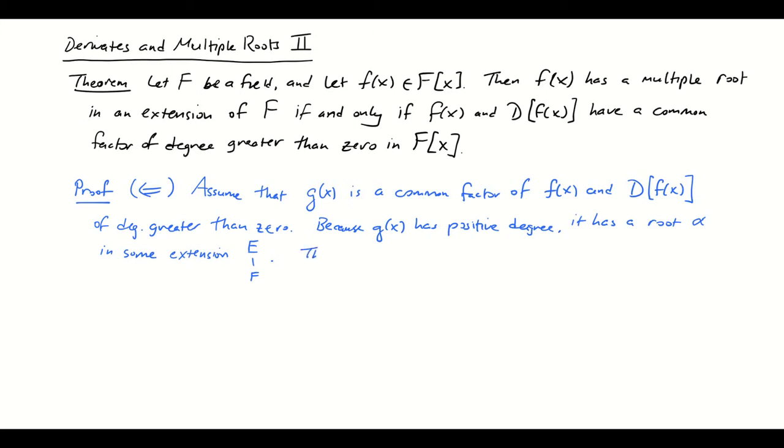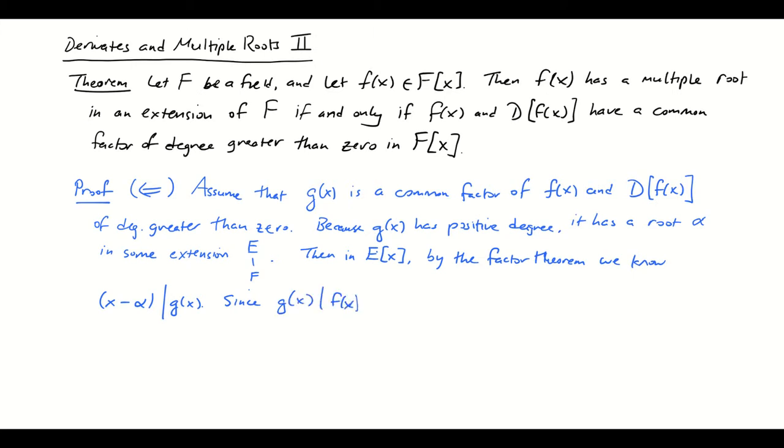Okay, so then in E adjoin x, by the factor theorem, we know that x minus alpha divides g of x. Okay, so since x minus alpha divides g of x, and g of x divides f of x, we have x minus alpha divides f of x.